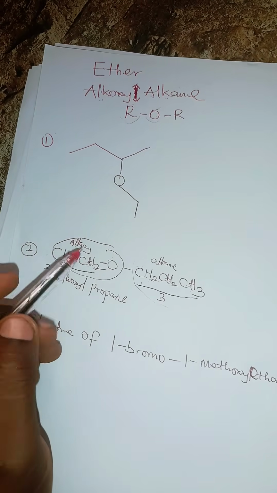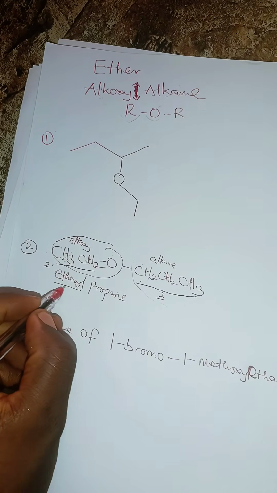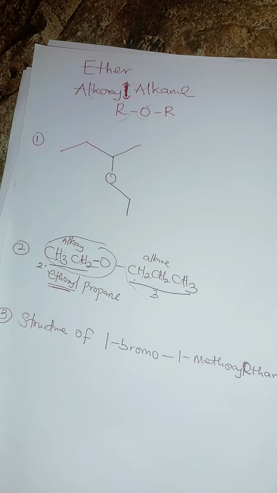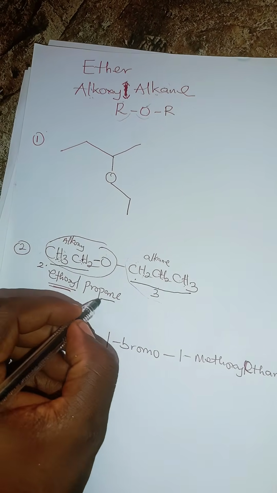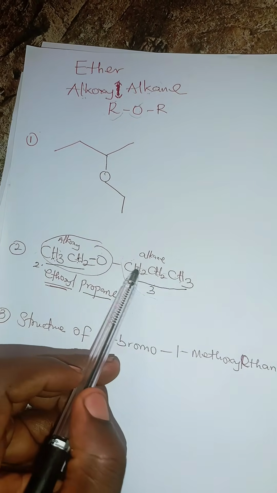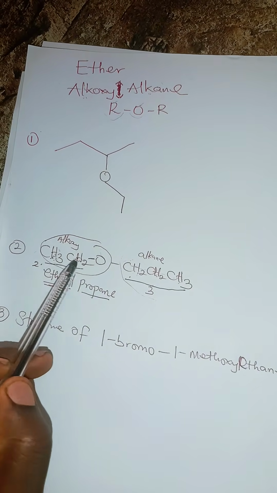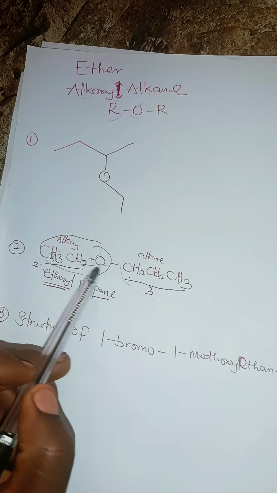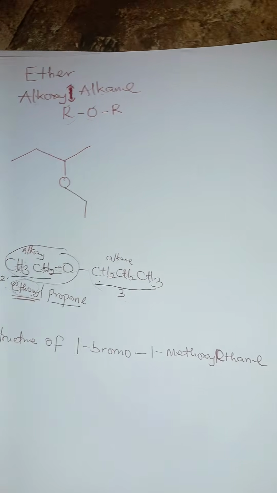It is going to sound like 1, 2 with the O. We are going to call it ethoxy. Can you see the ethoxy? Yes, ethoxy. Then 1, 2, 3 is going to be what? Propane. So the longest part is the alkane, then the shortest part together with the O is the alkoxy, ethoxy, and that is very, very clear.